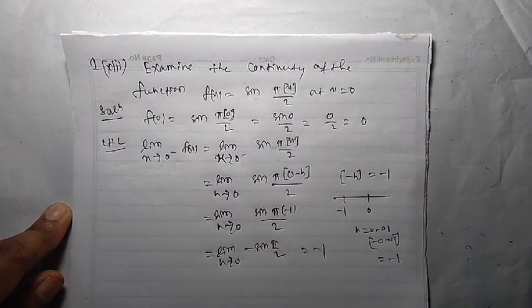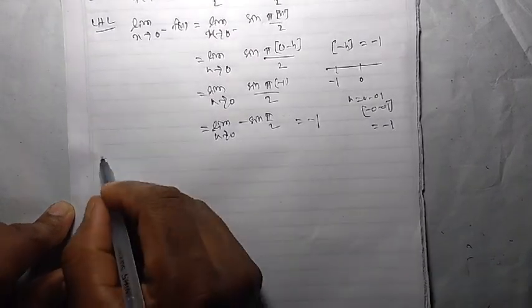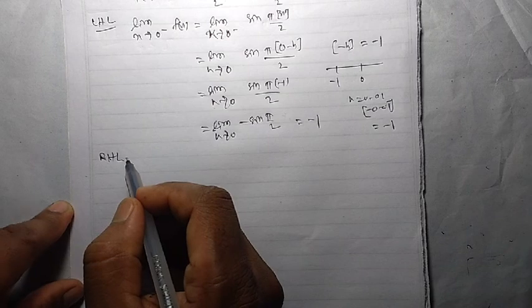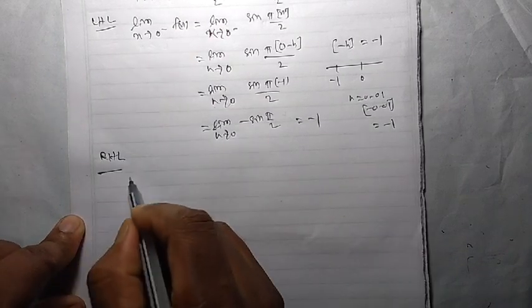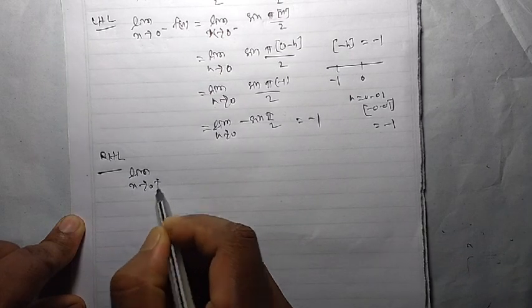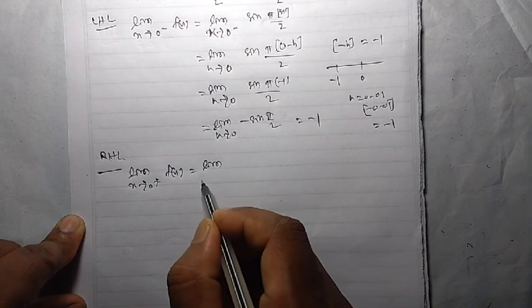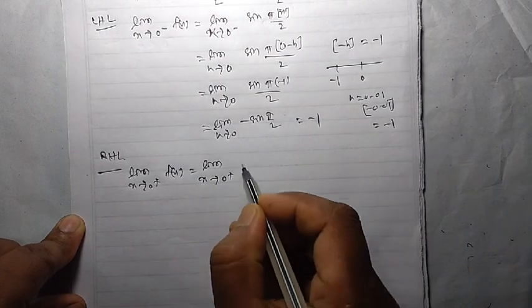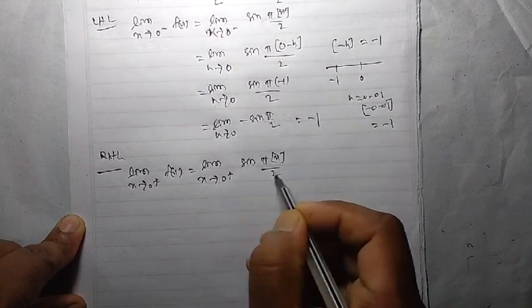Pause the video, note it down. Next, to find RHL. RHL is equal to how much? Limit x tends to 0 plus f of x is equal to limit x tends to 0 plus sin pi bracketed x by 2.